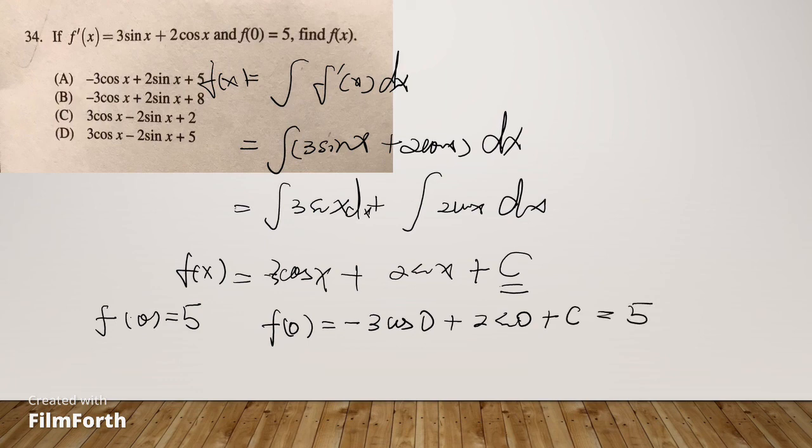So cosine 0 is equal to 1. So it's negative 3 times 1 plus 2 sine 0 equals 0 plus constant equals 5. So it's negative 1 plus constant equals 5. So constant equals 6.